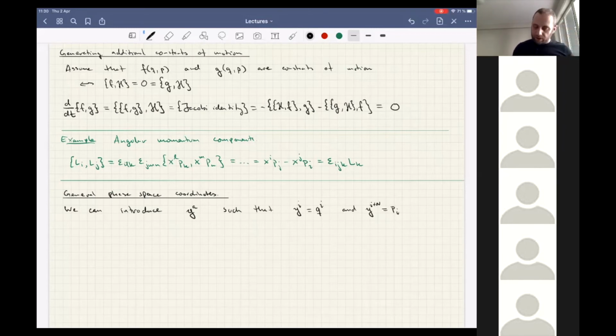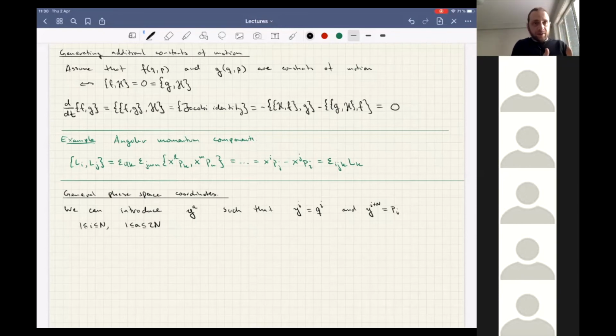And here i goes from 1 through n, and a is then going to go from 1 to 2n. So this defines all of the y's, and it's just a collective name for p's and q's.